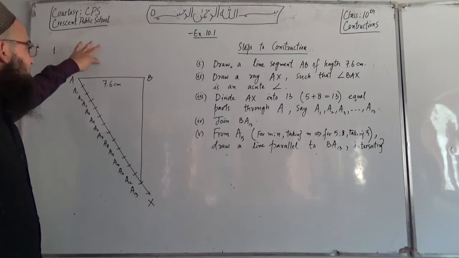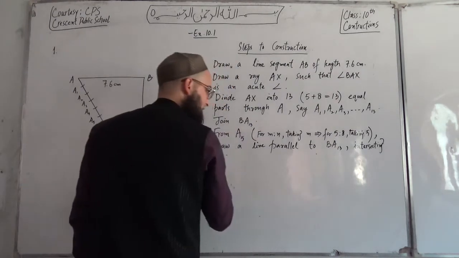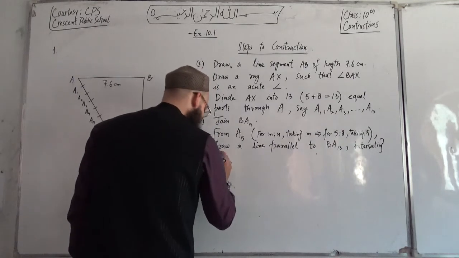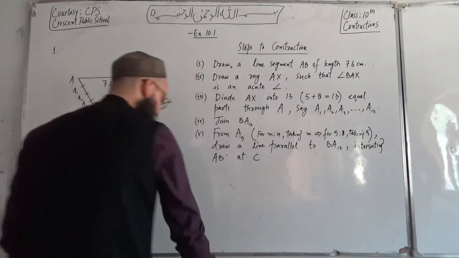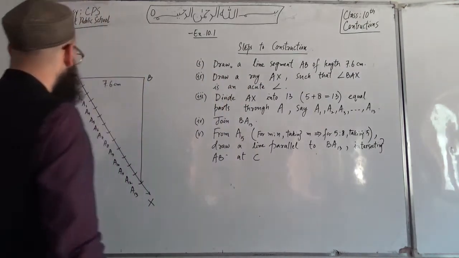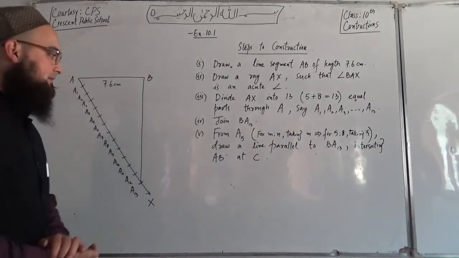So let's say that point, say C, intersecting AB at C. Go like this.